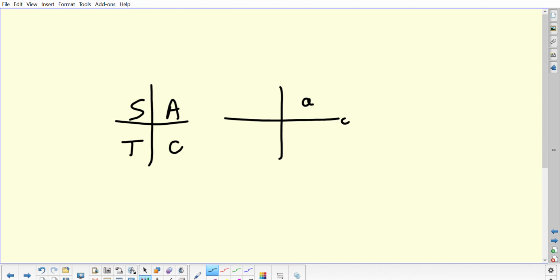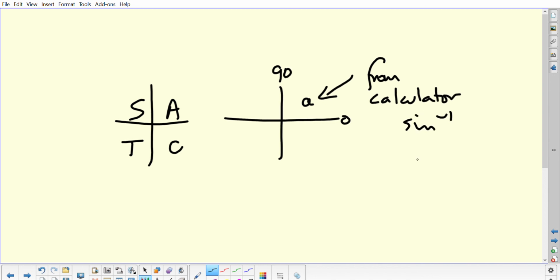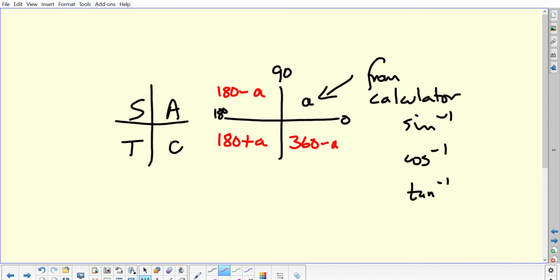Basically, once you've worked out the one between 0 and 90, which you get from the calculator by doing sin to the minus 1, or cos to the minus 1, or tan to the minus 1, depending on the equation, the other ones connected to that are 180 minus that angle, 180 plus that angle, and then 360 minus that angle. It depends on whether you're solving a positive or a negative one, but you collectively need those two diagrams together. So it's your turn to practice now.